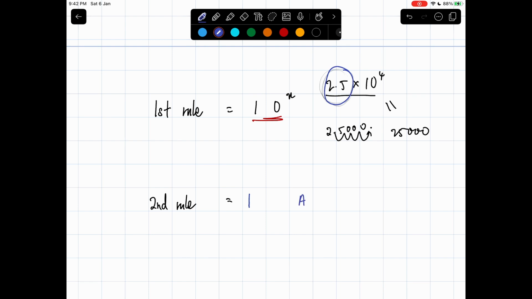So if you were to represent the number with the letter A, it can be 1 or more than 1, but it must be less than 10. So that's why we are using 2.5 instead of 25 or 250 or 0.25. It has to be between the numbers 1 and 10.